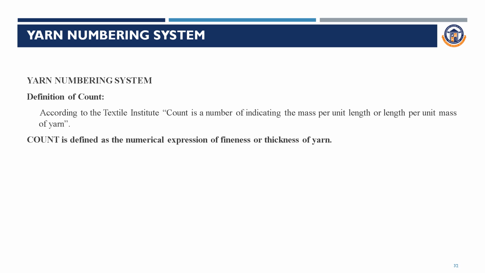Next, we see the yarn numbering system. The yarn numbering system is very important for the textile technologist. According to the Textile Institute, count is the number indicating the mass per unit length or length per unit mass of yarn. Count is defined as the numerical expression of the fineness or thickness of the yarn.